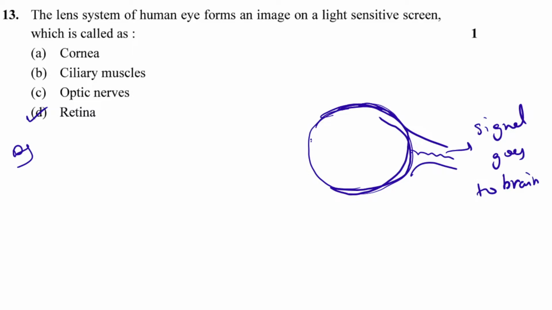So here we have the lens, and these are controlled by ciliary muscles, and then we have the cornea here. So in this way it happens. Okay, this is the cornea, the outside element. Then we have the lens here, controlled by ciliary muscles.